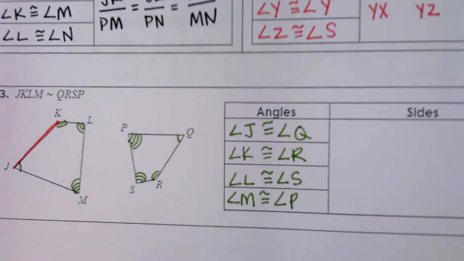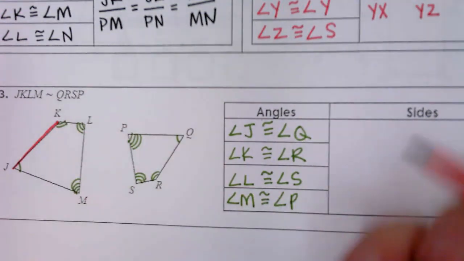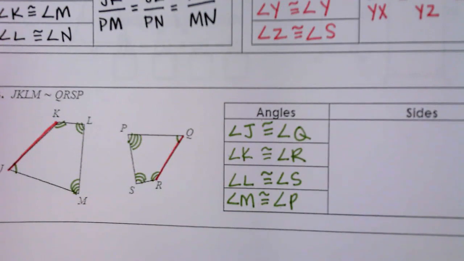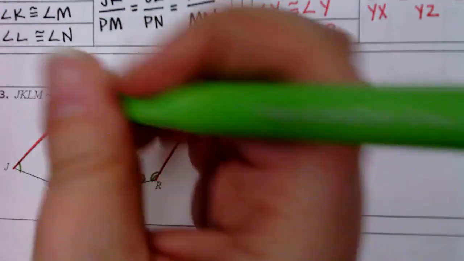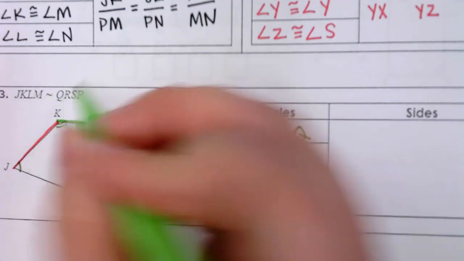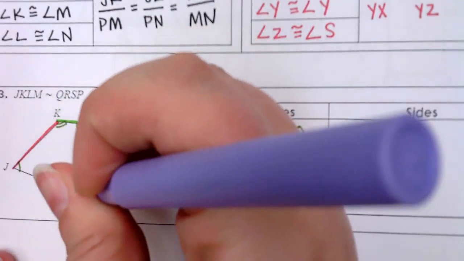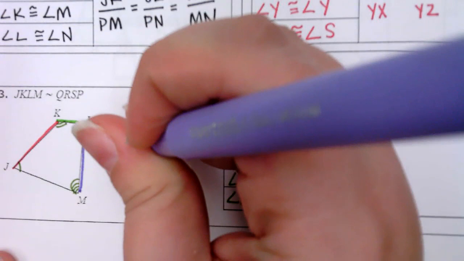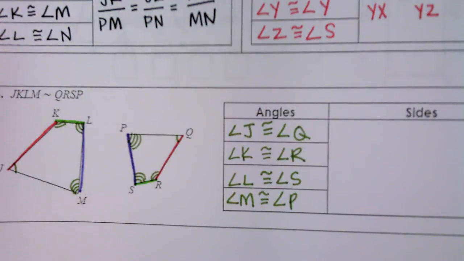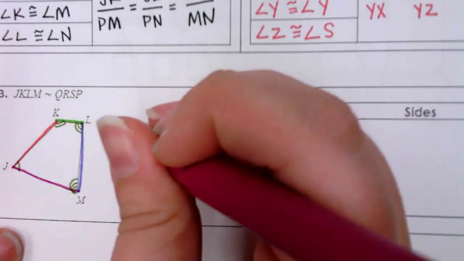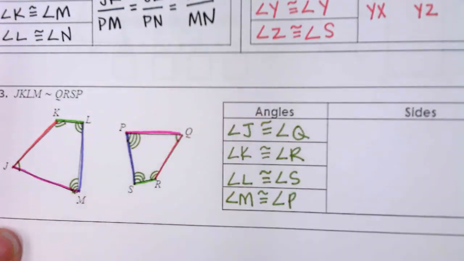First, start with J to K. So from J to K right here, and that corresponds with Q to R. The next one, I go from K to L. That corresponds with R to S. Then we've got L to M, which corresponds with S to P. And last, M back to J, completing the quadrilateral, is corresponding with P to Q.